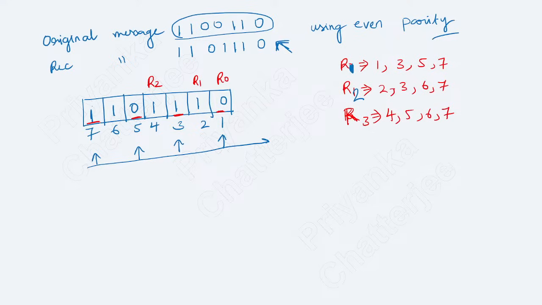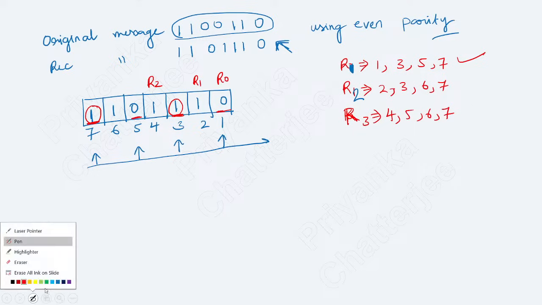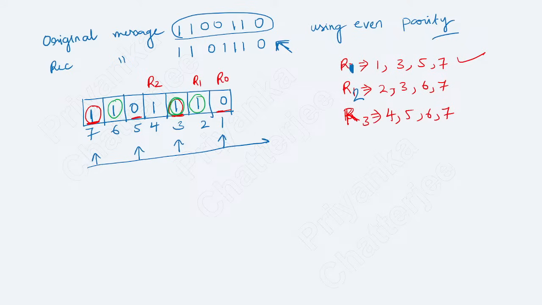If you are checking, it is working with even parity, right? Here it is 1 and here it is 1, this is 0. It is working fine, it is even parity only. If you are taking 2, then 2 3 6 7 for the 2. So this is 2, this is 3 6 and 7.